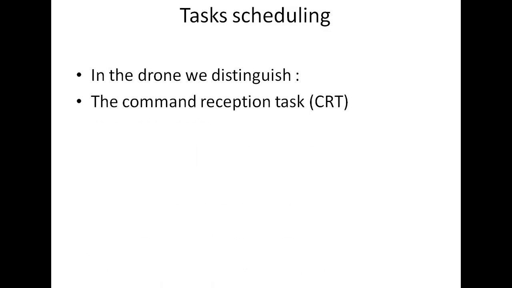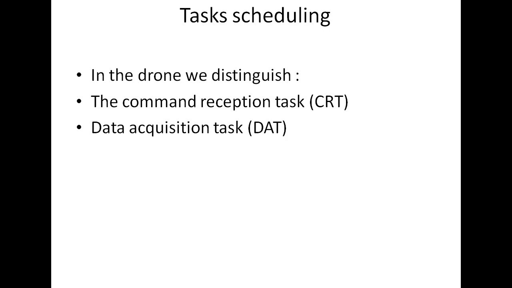In this part, we are seeing the task scheduling through FreeRTOS. At the drone level, we can distinguish four essential tasks. The first task, which has the highest priority, is the command reception task.